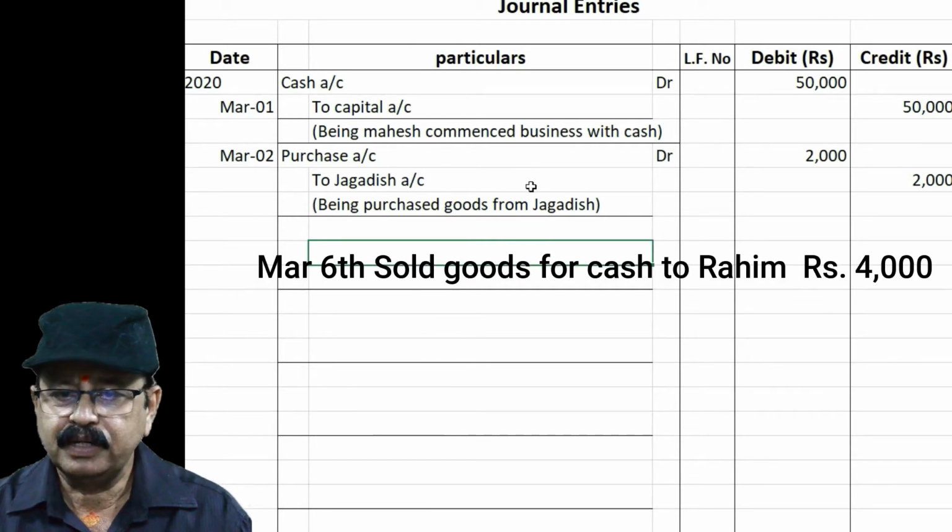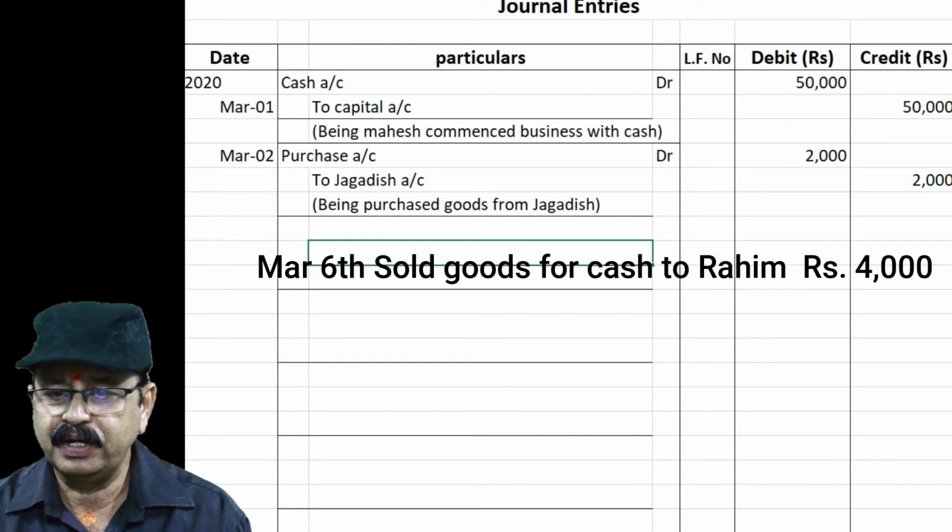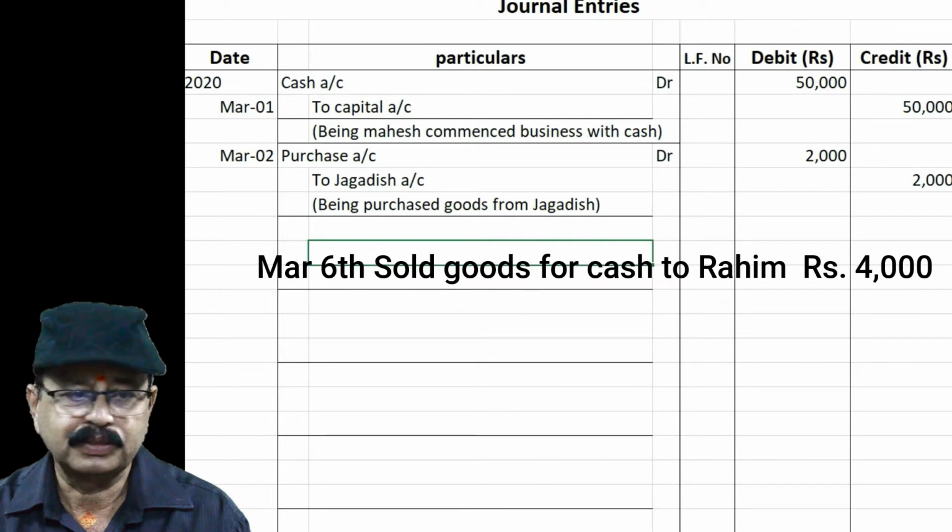Then the third journal entry, March 6th, sold goods for cash to Rahim 4,000. When we are selling goods, goods are going, so it is credit. Cash is coming, so cash account is debit. Goods are going, credit. So cash account debit to sales.